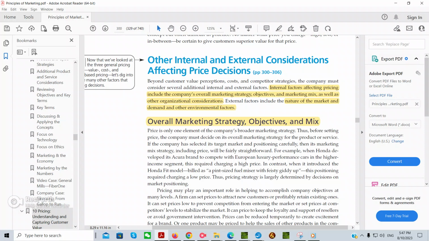First of all, price is only one element of the company's broader marketing strategy. Thus, before setting price, the company must decide on an overall marketing strategy for the product or service. If the company has selected the target market and positioning carefully, then its marketing mix strategy, including price, will be fairly straightforward. Why? Because you know what your pricing is and you know what your value is.